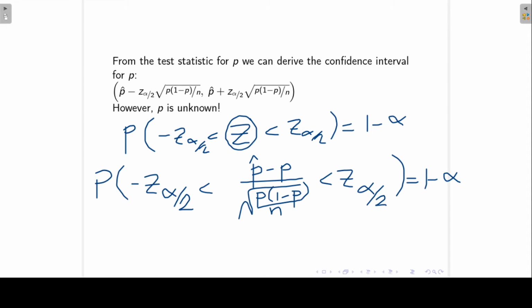Okay, and now we can do a little bit of algebraic manipulation just so that we get our P, our population proportion, on its own. And if you do that manipulation, you will find the following.